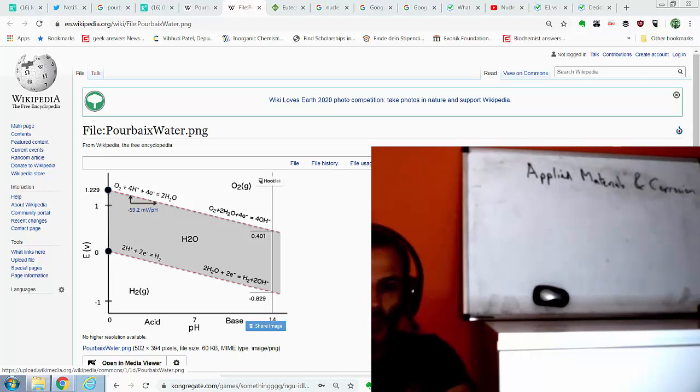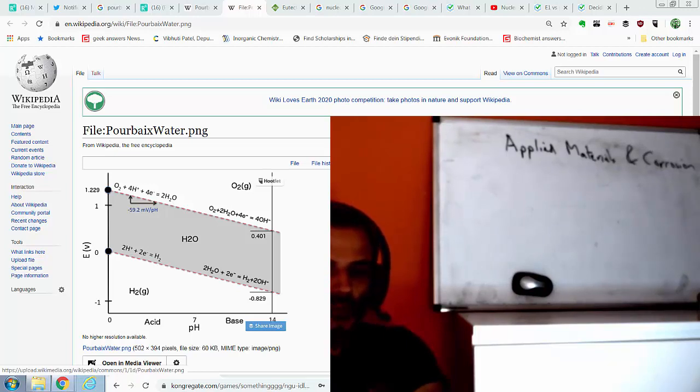Again, H+ or OH- are part of the reaction, so the concentration is in there, so that's why it's sloped. And in this case the concentration of oxygen and the concentration of H+ are controlling the reaction. So they've drawn the line, one assumes, for a concentration of oxygen at 1 atmosphere.